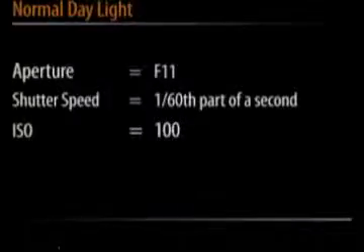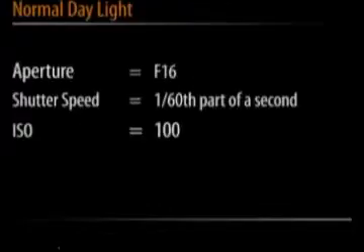For example, instead of 1 by 125th part of a second, it can be exposed at 1 by 60th part of a second, and that means you are allowing more duration of light to pass. That can be counteracted with the aperture: instead of f11, now you can go for f16. So, what have I done? I have closed the aperture by one stop, but opened the shutter speed by one stop. So, this is a counteracting device.